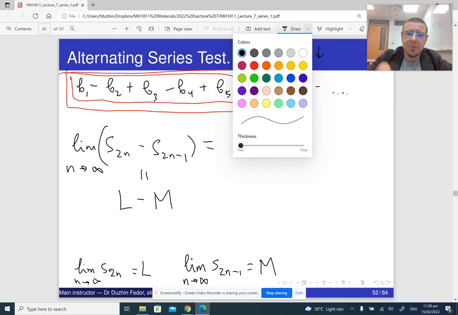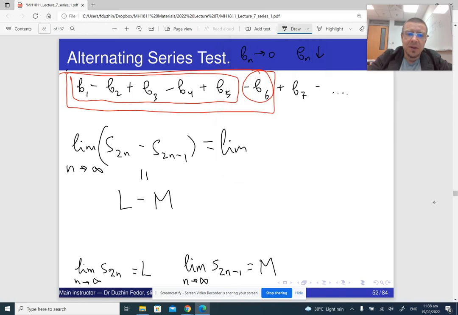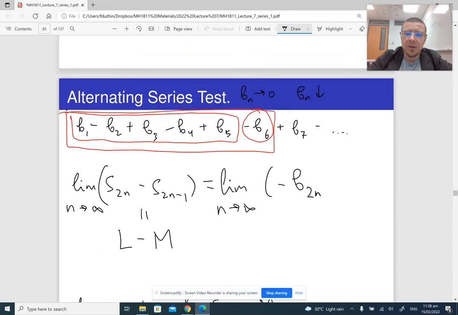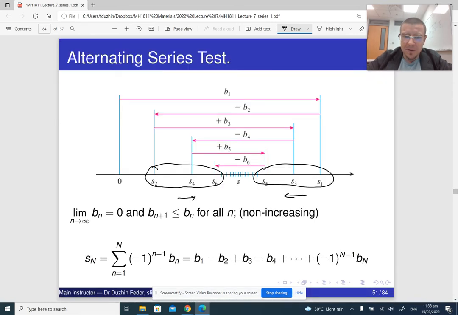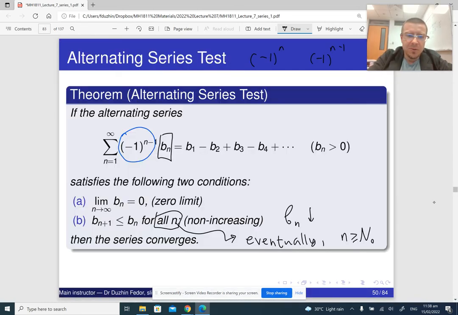So this is going to be the limit as n goes to infinity of minus b2n. But we are given that this sequence has a 0 limit.